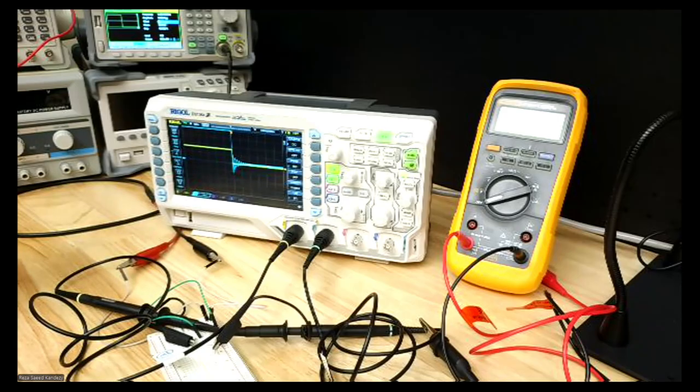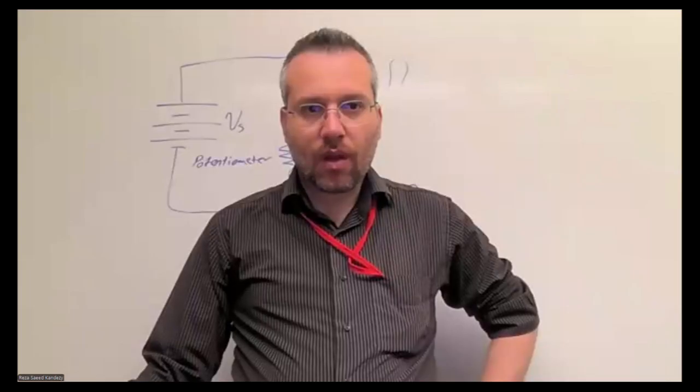Then we apply a dynamic input to see the transient behavior, the dynamic behavior of the diode when we have a change in the state of the input. So the voltage goes from forward bias to reverse bias. Okay, so that's about it so far. Let's move on to the next exercise.